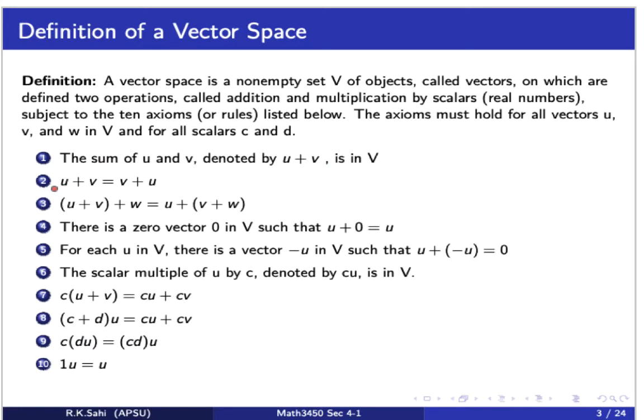Now, the next one says it doesn't matter how you add the elements. It doesn't matter if you say u plus v or v plus u. It's basically the same. This is called the commutative property. Let me write this down. So this is the commutative property. The above one is called the closure additive property.